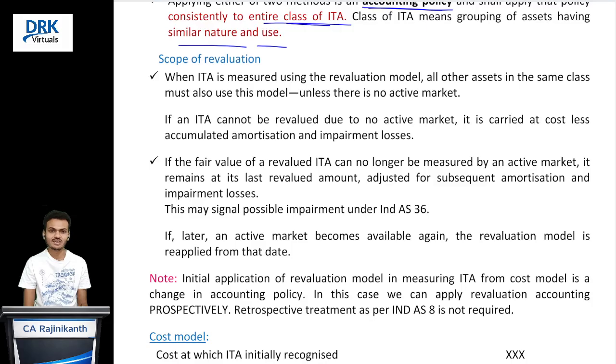Suppose you are following the revaluation model for all three softwares, but software C has no active market. In that case, the standard has provided one exception. No problem. For the first two softwares, you can follow the revaluation model. For the third software C, you can subsequently measure it under the cost model.